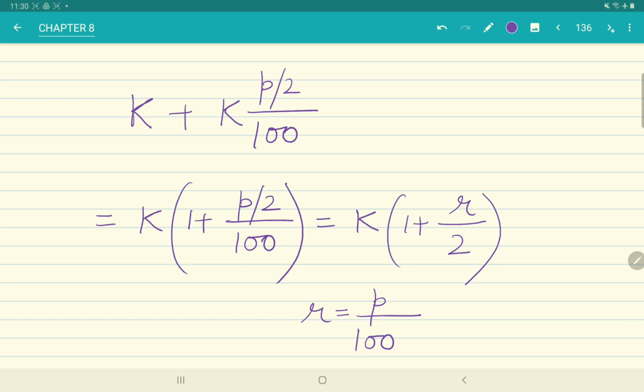So this is what the principal would increase to after 6 months.